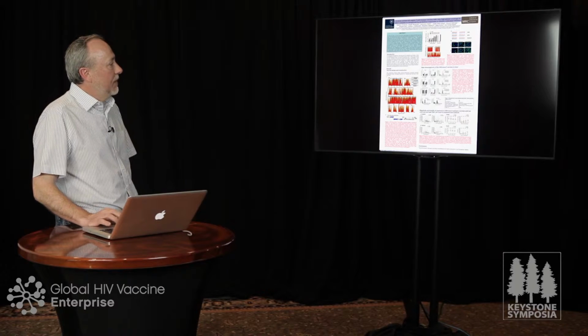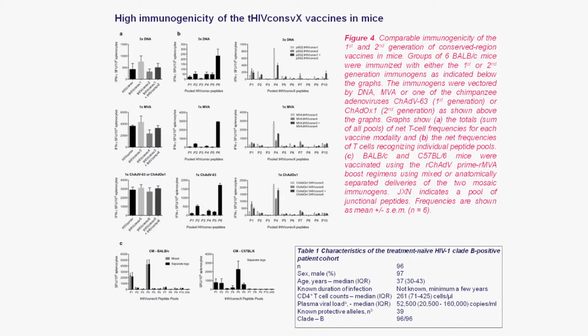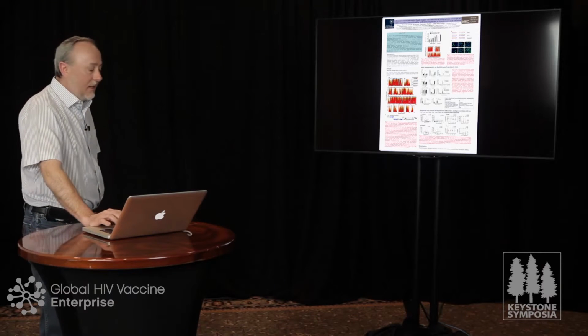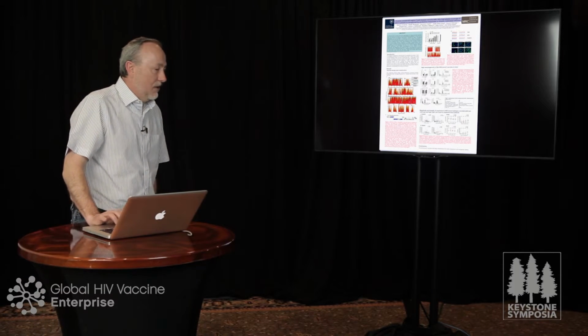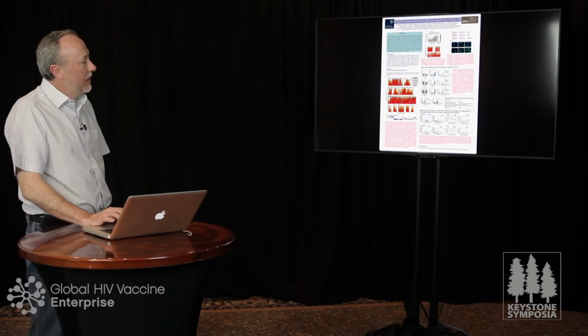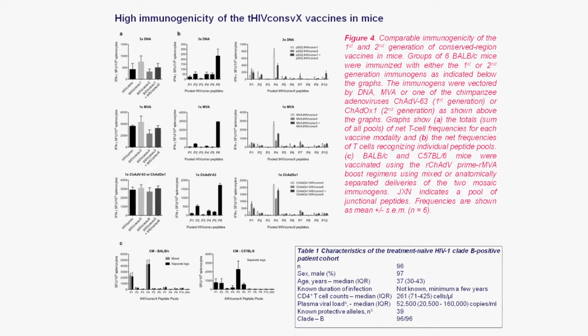And the following figure now compares the immunogenicity of the 1st generation and the 2nd generation in mice. And the bottom line is that the 1st and 2nd generations are equally immunogenic. This might seem not good enough, but it is a very good start, because the 1st generation induced the highest frequencies of cytotoxic T cells today in the field, with a mean of 5,500 interferon gamma ELISpots per million in human volunteers who responded to vaccination.